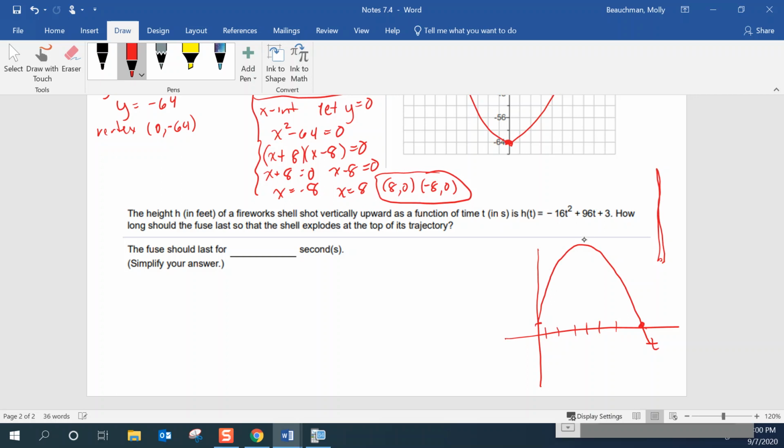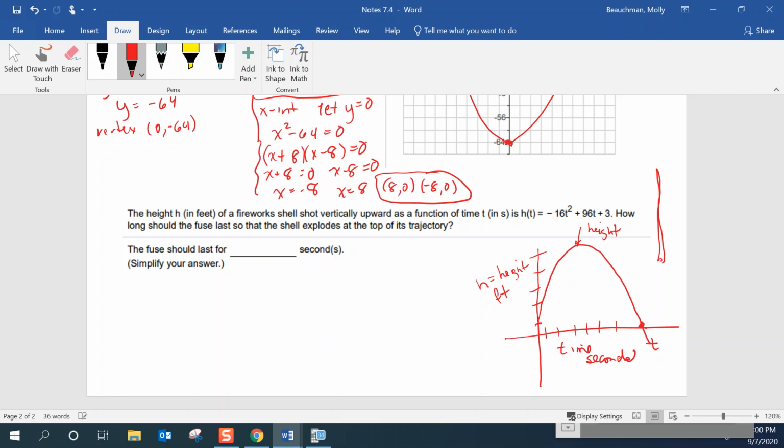When you shoot something in the air, there's a maximum height somewhere. And the relationship that we're looking at is the vertical axis this time is height. And for us, this one is measured in feet for this problem. And the horizontal axis is time. And for us, this is measured in seconds. So over time, when you shoot a firework in the air, it goes up and it comes down.